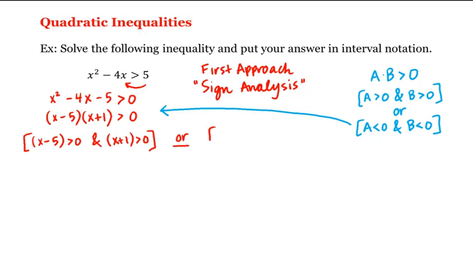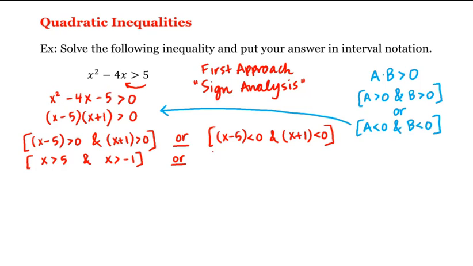Or the first factor is less than 0, and the second factor is less than 0, which means that x is greater than 5 and x is greater than negative 1, or x is less than 5 and x is less than negative 1.